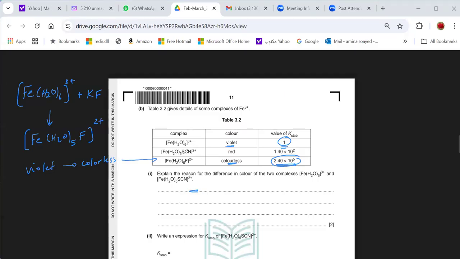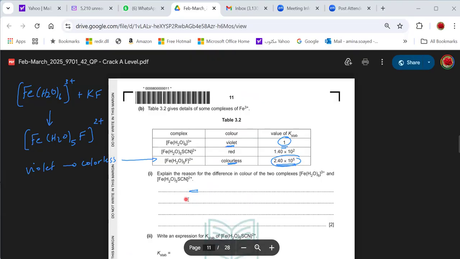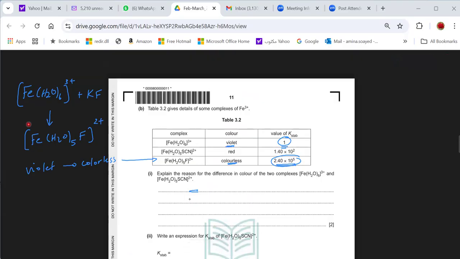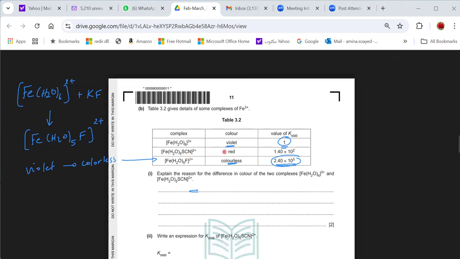And then they said that they added excess of the thiocyanate ion, followed by a few drops of potassium thiocyanate. Now, when they add a few drops of the thiocyanate, nothing will happen, because the stability constant of the fluoride complex is greater than the stability value of the thiocyanate complex. So the thiocyanate cannot exchange its place with the fluoride.